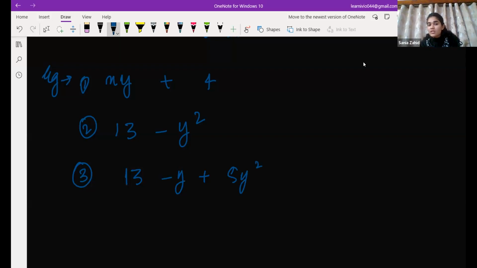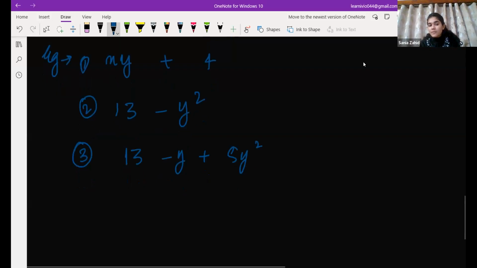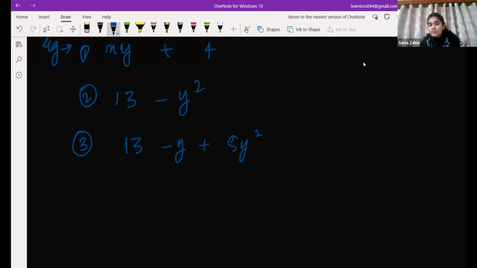Which terms are not constant? Y is not a term, first of all, Manha. What's my question? I'm asking you which terms are not constant. It's minus y and 5y square.